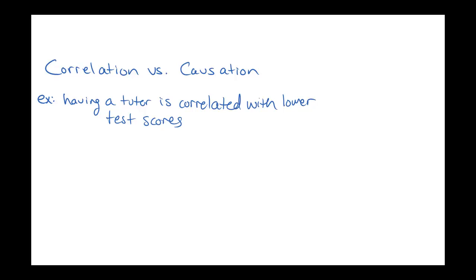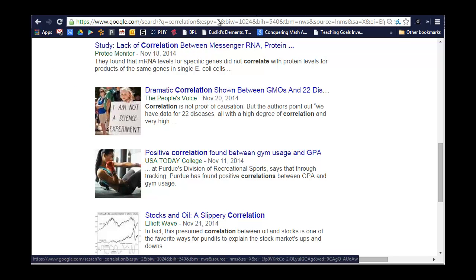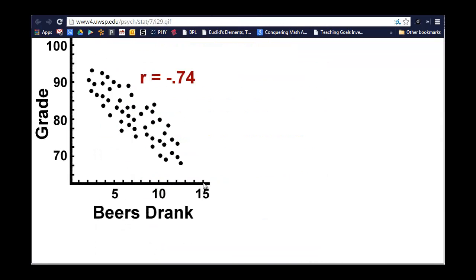One thing we have to be careful with when we talk about correlation is the difference between correlation and causation. Correlation means that there's some sort of relationship between two types of data, but it doesn't necessarily mean that one is causing the other. For some of these examples that we looked at, if you drink 15 beers the night before your test, it would make sense that that would cause a lower grade.